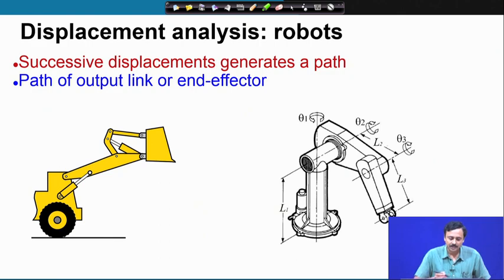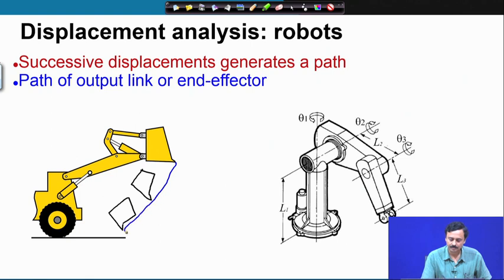So, in case of robots, like the examples I have shown here, for example, in this case of the excavator, I can have successive displacements of the bin along a certain path. I would like to possibly move this bin along a certain path. So, successive displacements of the bin generates a path for the bin.